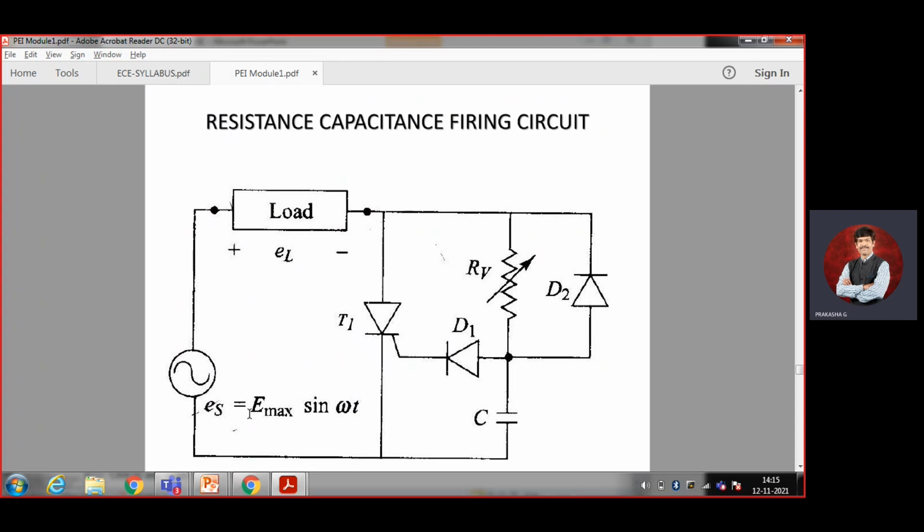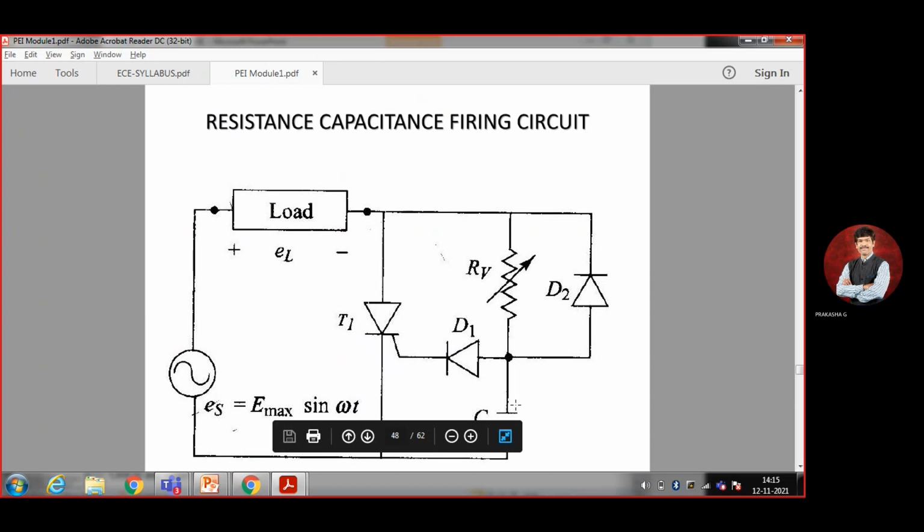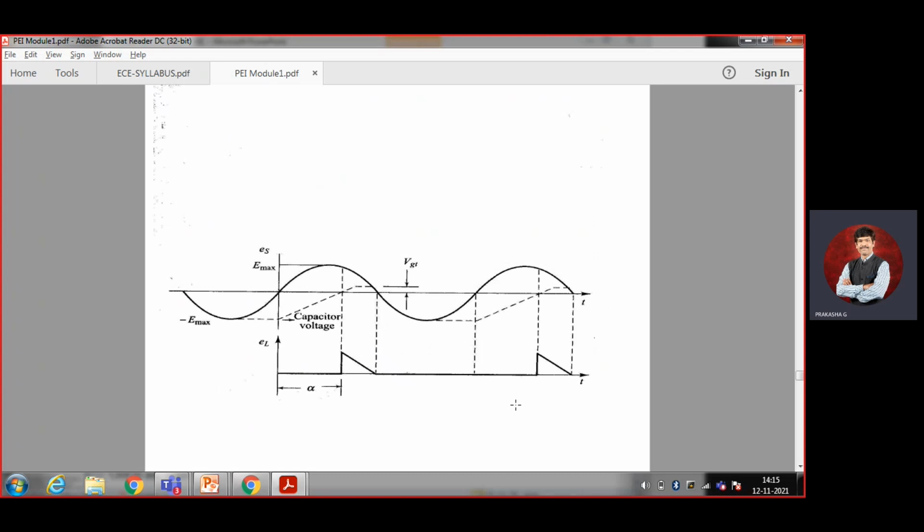The second type is resistance and capacitance triggering, where previously we used only a resistor, and now we are using a capacitor also. This is the resistance capacitance firing circuit. See here, it is going beyond.